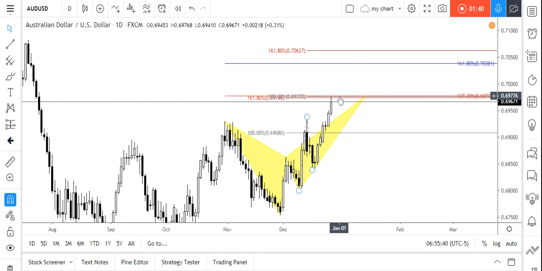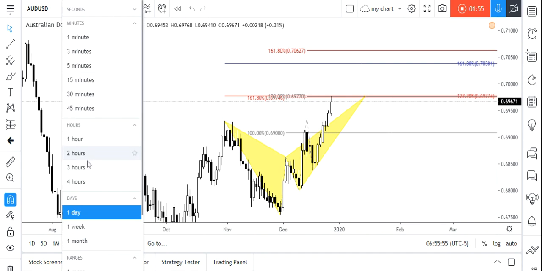So now is the time to enter a sell position, and we will go to the 1 hour time frame to understand the price action, and we will try to see whether or not the price is reacting from this level. So let's go to the 1 hour time frame.